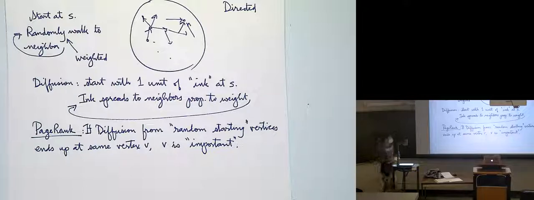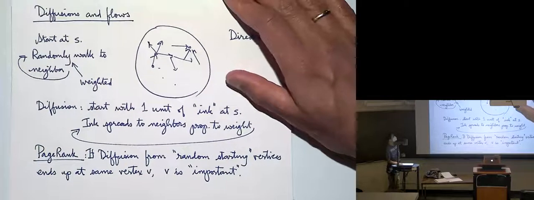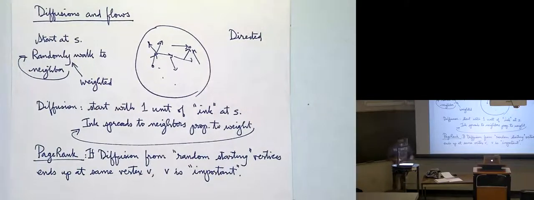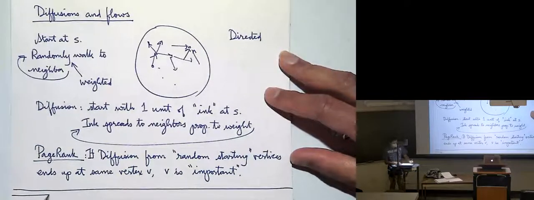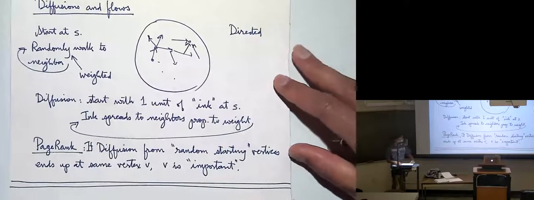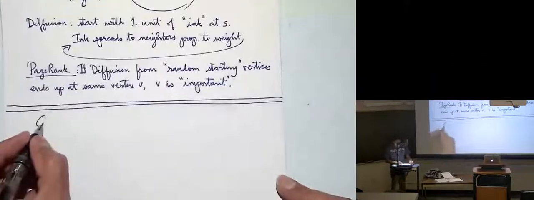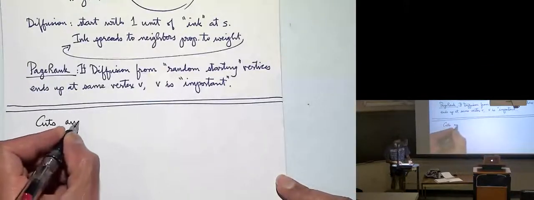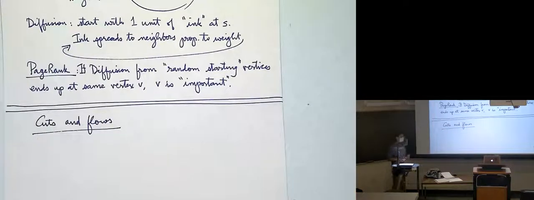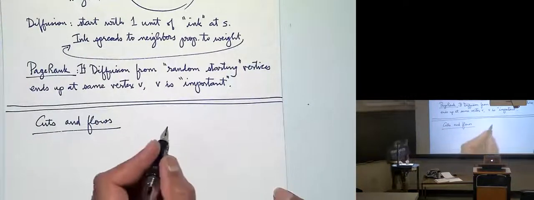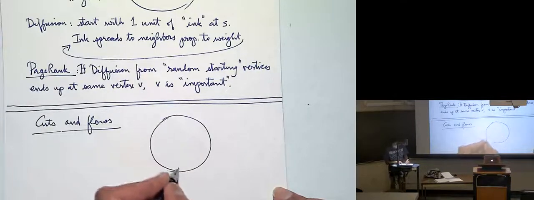All right, so why am I talking about diffusion and flows? It turns out there's a deep connection between cuts and flows. So if you think about it, look at diffusion.